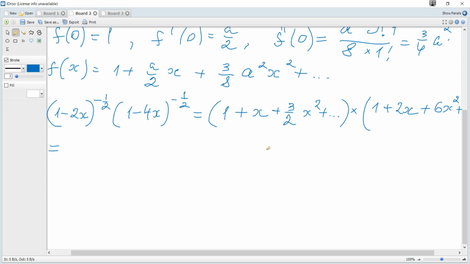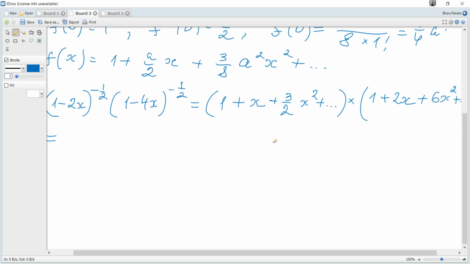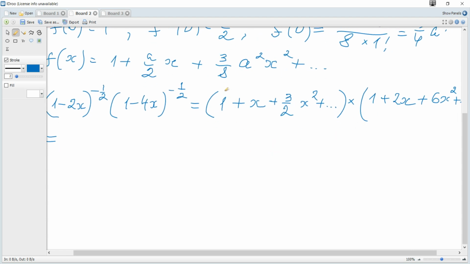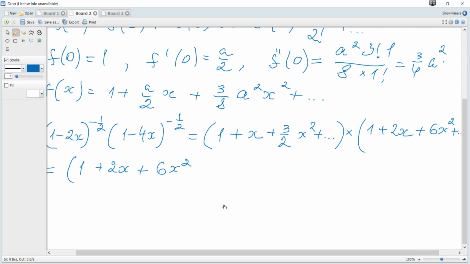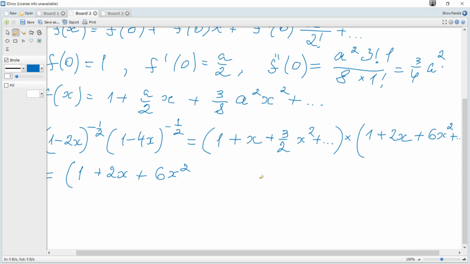So you multiply each by each. For this one, when 1 is multiplied by 1 we get 1, multiplied by 2x it's 2x, plus 1 times 6x squared, and higher powers of x which are not required.